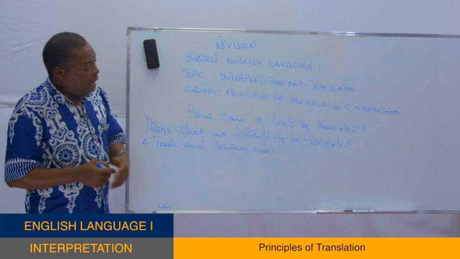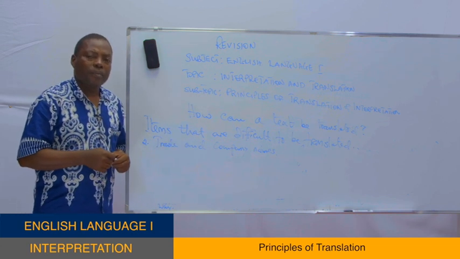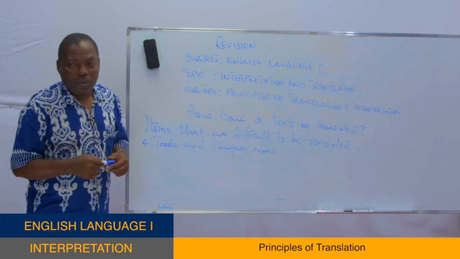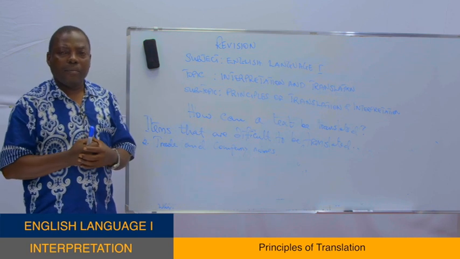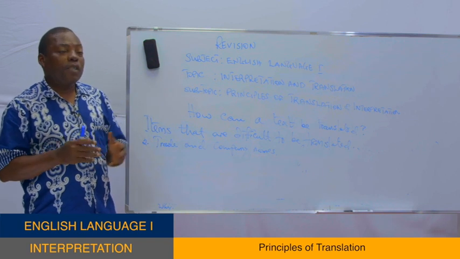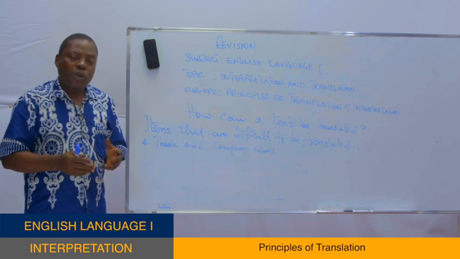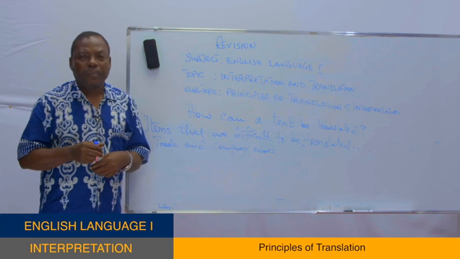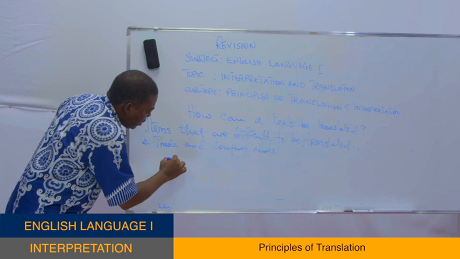These trade and company names, or names of institutions or parastatals, are more or less the same as proper nouns because they are trying to name a particular thing, a particular entity. The only difference from proper nouns is that with these trade and company names, you can have two or three words referring to the same entity. For example, think about Coca-Cola Kwanza Limited.